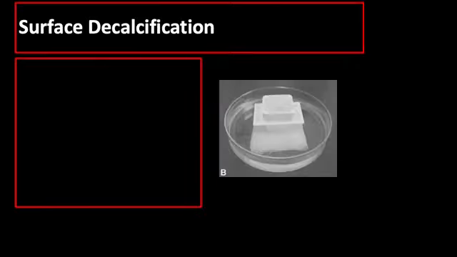And there are also other concepts that we need to discuss. First is surface decalcification. So when the paraffin embedded block has been trimmed, the tissue surface may reveal small foci of calcification and may cause resistance or a grating sensation when sectioned with a microtome knife.